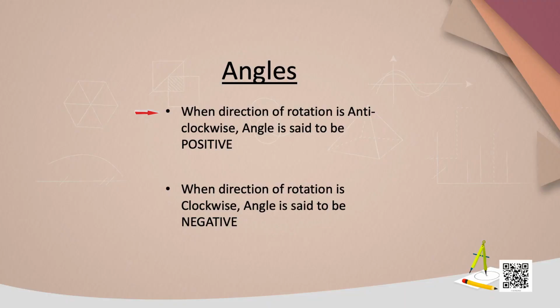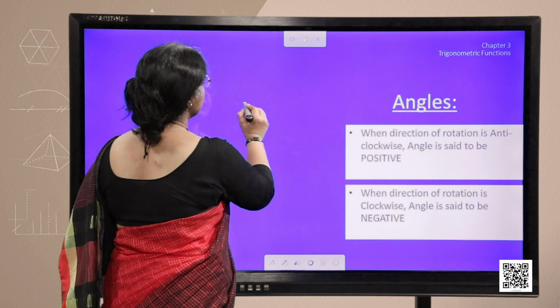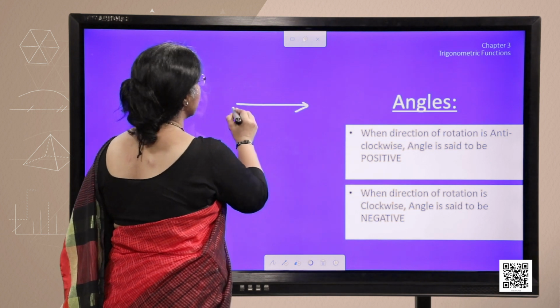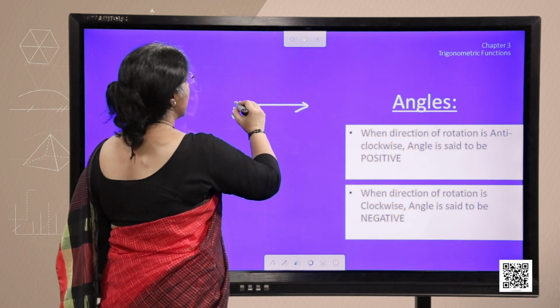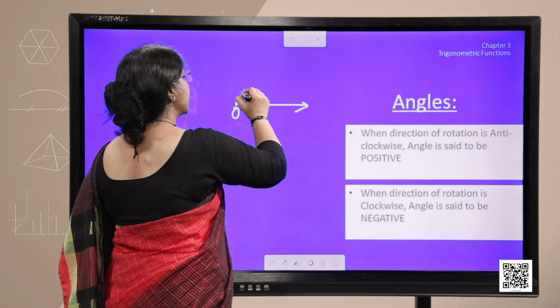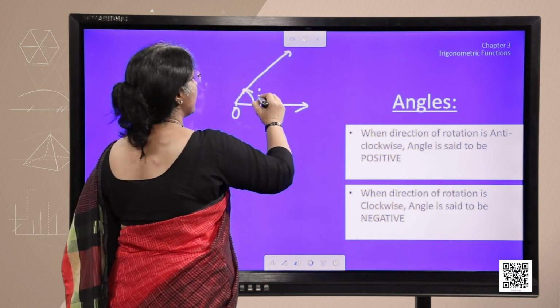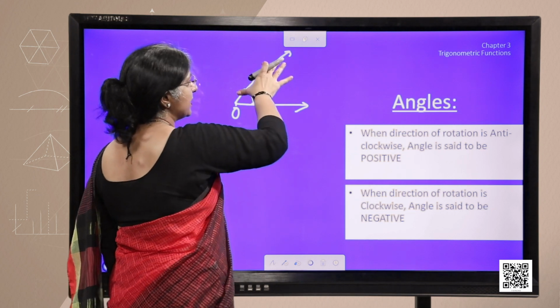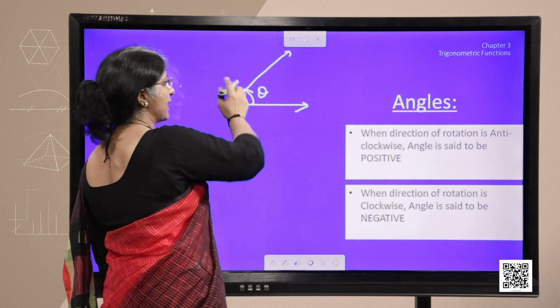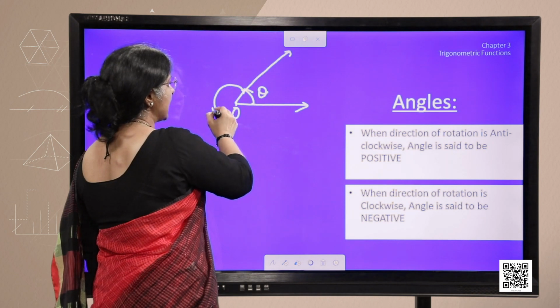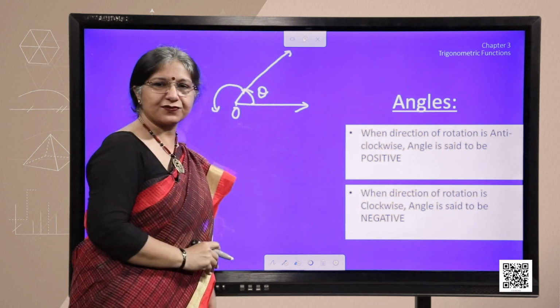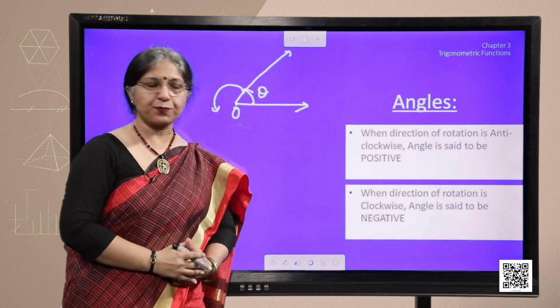Now, angles are of 2 types. When a direction of rotation is anti-clockwise, see here, this is the initial ray, this is vertex, and if we move anti-clockwise, angle traced is called positive angle. Now, terminal ray is moving anti-clockwise like this. This angle is being traced in a positive direction, therefore, this angle is positive.